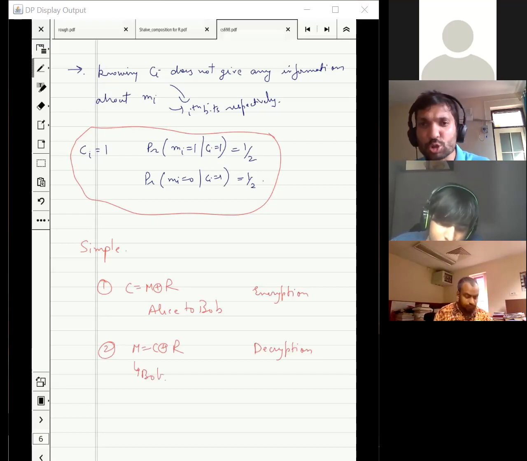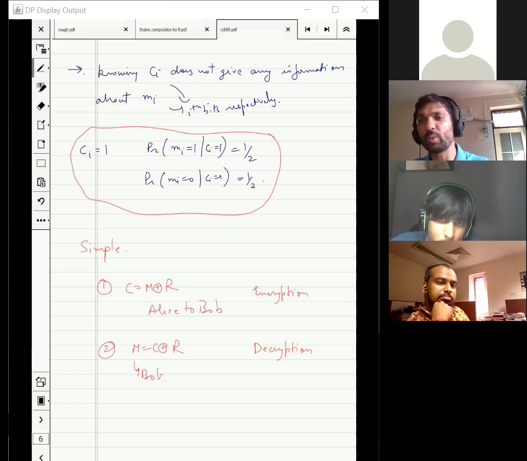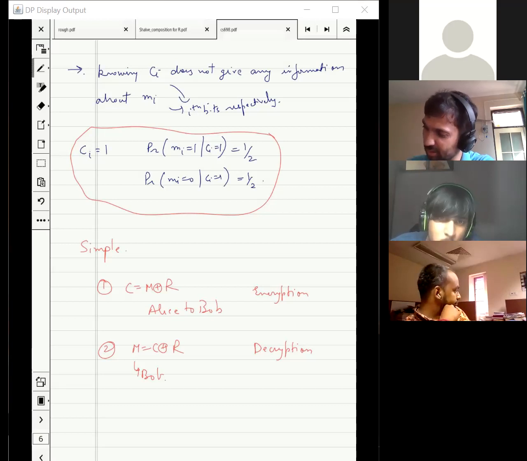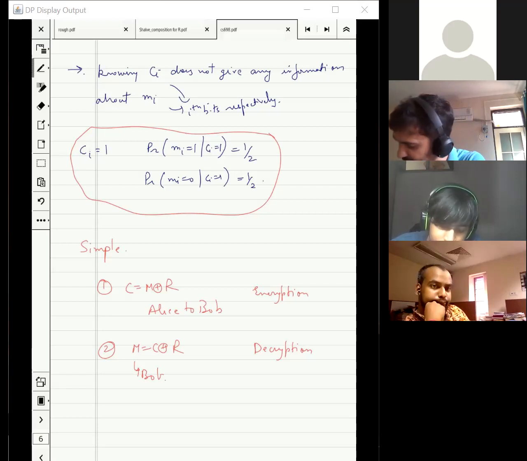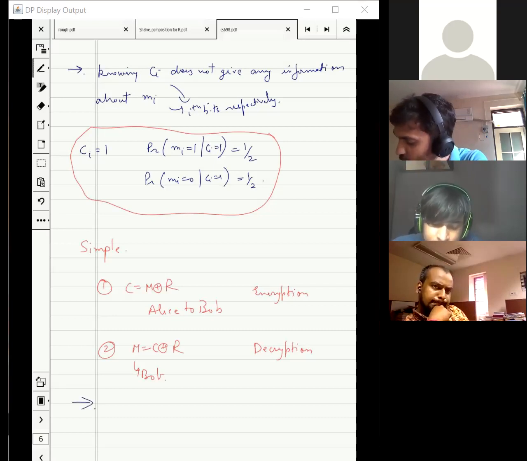And then we also saw that if C is accessible to Eve, she cannot do anything to get M from it, right? Important thing here now, there are a few things which are slightly important. One thing is that we did not use any computational hardness assumption.